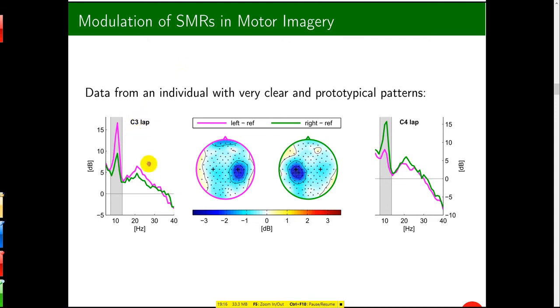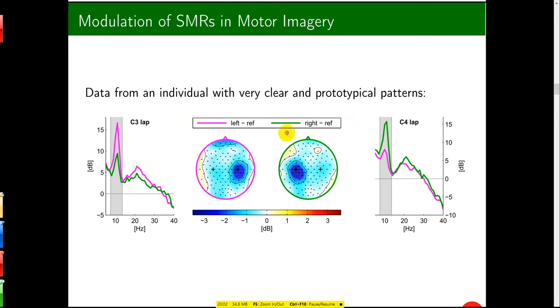C3 is a channel located in the left hemisphere. C4 is a channel located in the right hemisphere. When you think about left hand movement, we can compare the suppression in the power, right, as compared to the right hand movement. And they are very well localized here.